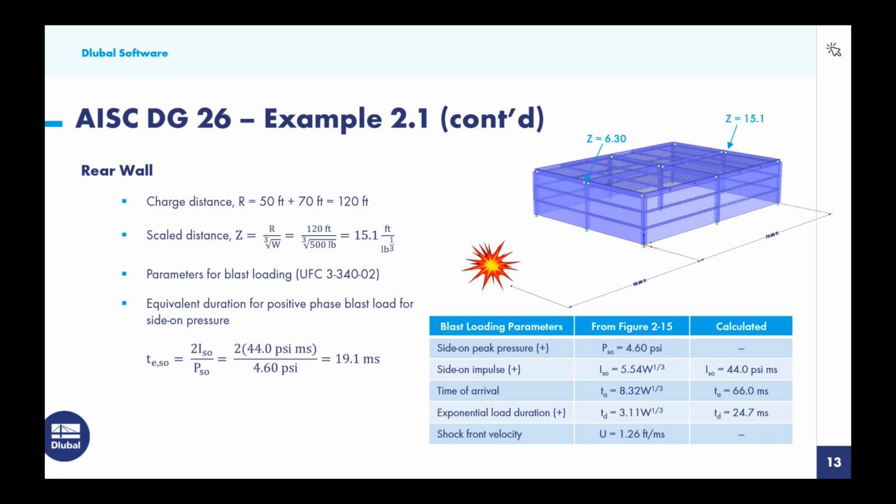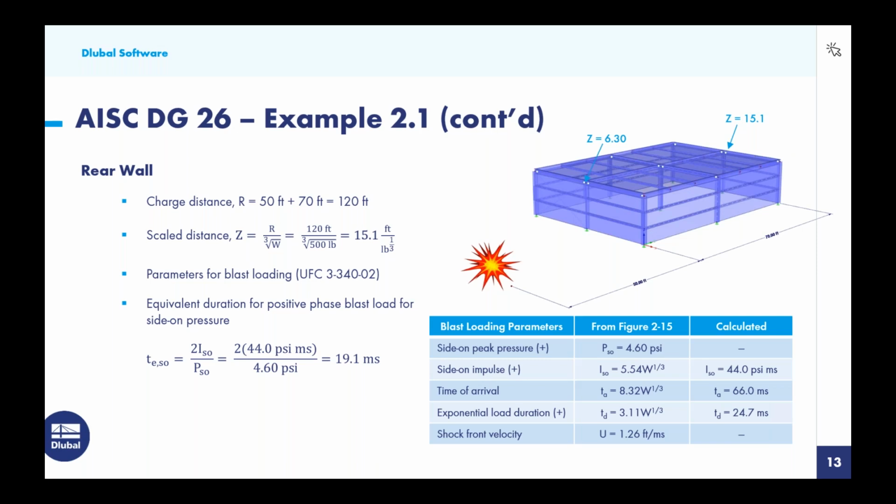So once again, we refer back to the UFC document, figure 2-15. We take a look at Z equal to 15.1, and here is a summary of all of our parameters. Now, you'll notice that I only listed here the side-on peak pressure and the side-on impulse rather than reflected. This blast load is going to sweep over the rear wall.